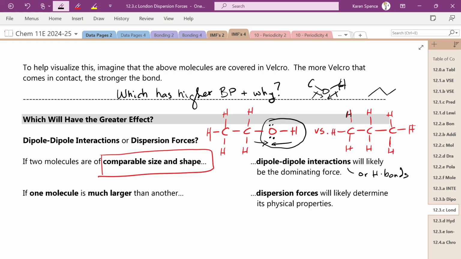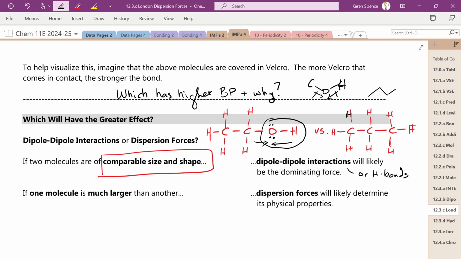So what's going to be more important in determining the boiling point? It's going to be the H bonds. Yes, the fact that this one has dipole-dipole and one does not, that's what determines which one has the higher boiling point.